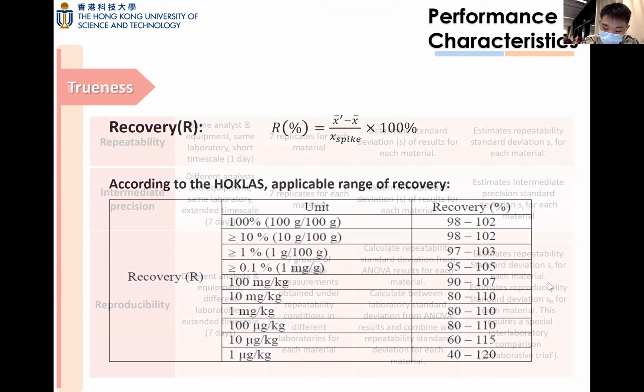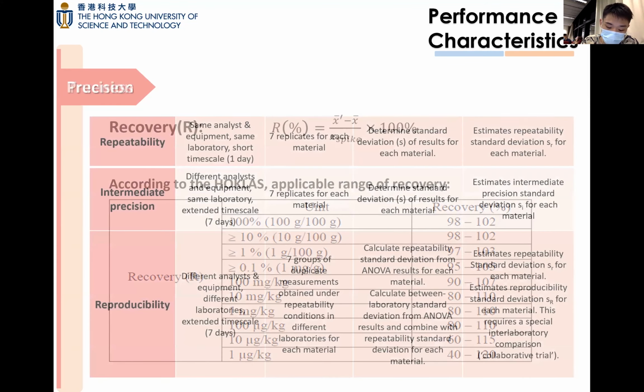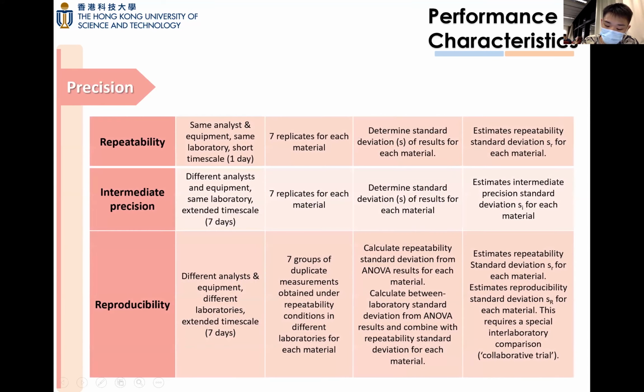Precision is a measure of how close results are to one another. It's usually expressed by statistical parameters which describe the spread of results, typically the standard deviation or relative standard deviation, calculated from results obtained by carrying out replicate measurements on a suitable material under specific conditions.